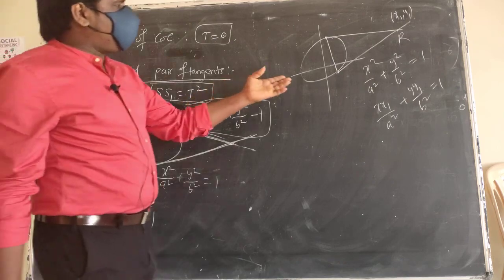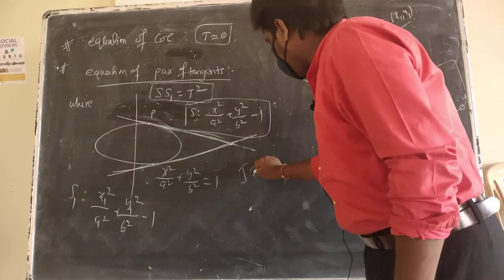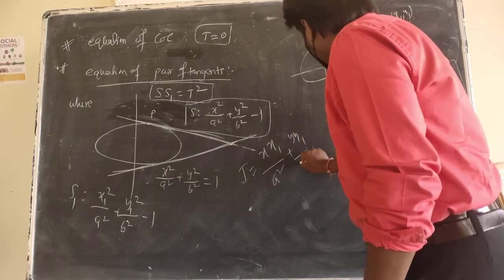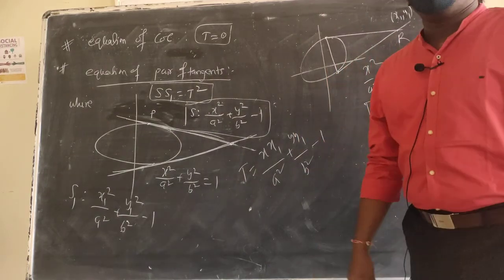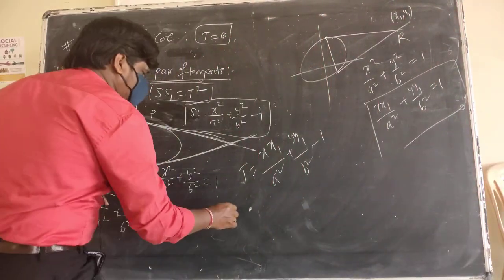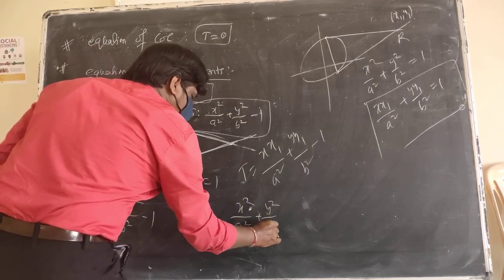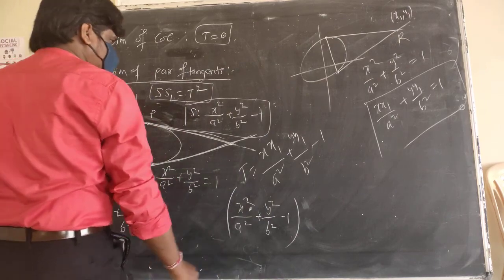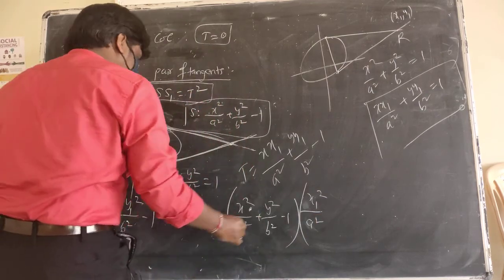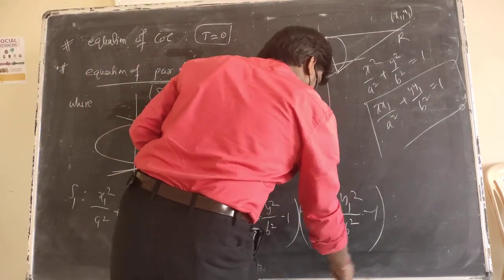T means, just now I told you, this is the equation of T, right? If I say T, then I can write x x1 by a square plus y y1 by b square minus 1 is the T. So the equation of pair of tangents will be what? It will be x square by a square plus y square by b square minus 1, that is S, into S1, which is x1 square by a square plus y1 square by b square minus 1.